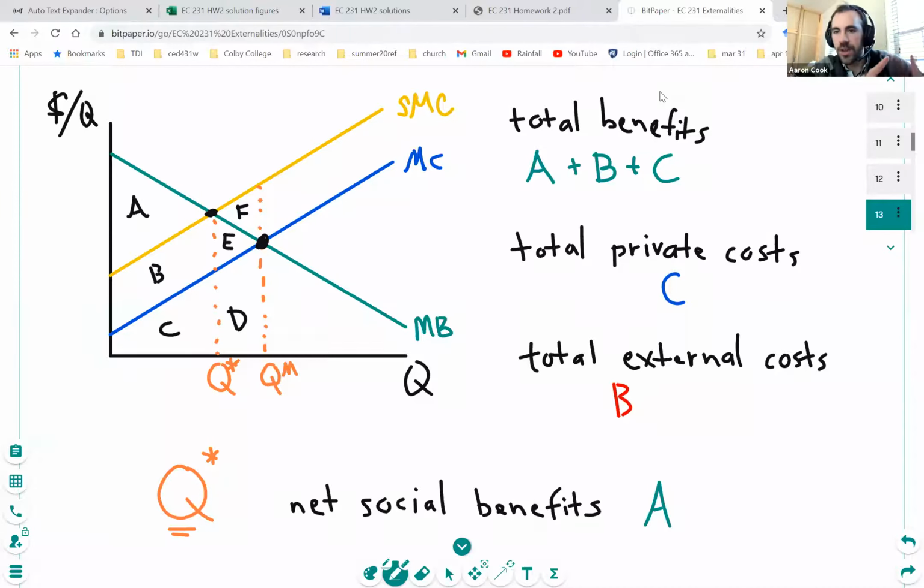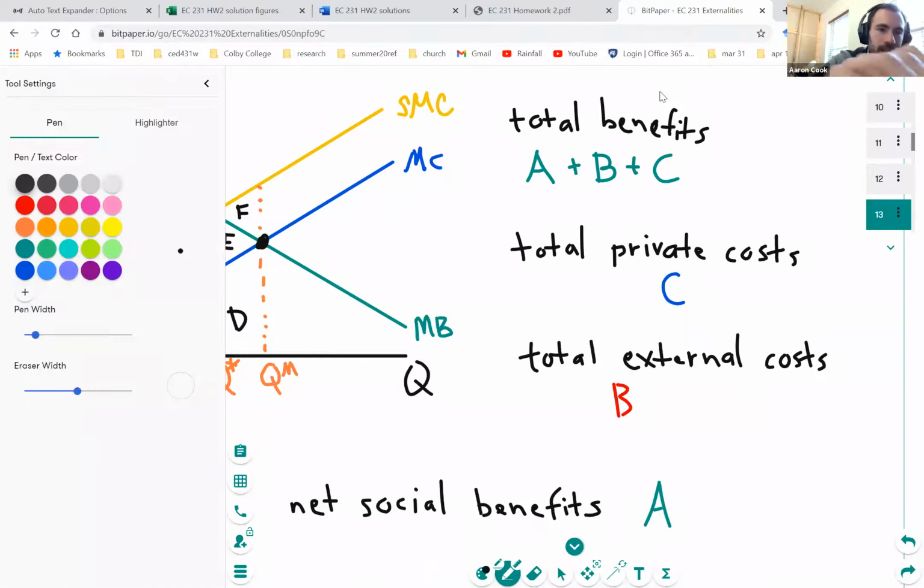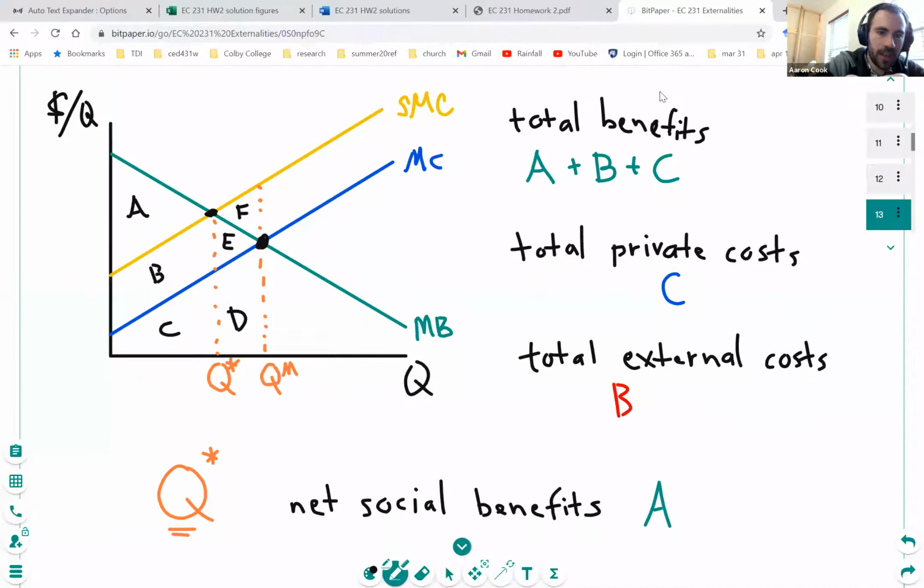You can think of it as follows. The units between Q star and QM are opportunities for suppliers to engage in mutually beneficial exchanges with consumers. The way that I know that is that consumers are willing to pay a level up here at this black line, according to the demand curve.